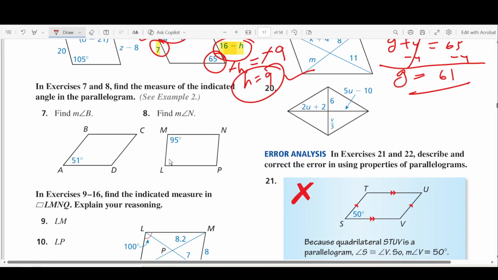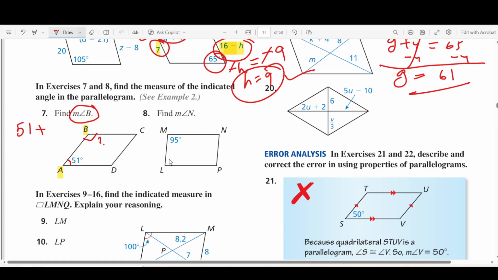Okay, great. Here in this question, angle A is given, which is 51 degrees. Find the measure of angle B. Remember, we learned about consecutive angles. This and this, their sum is 180. They are supplementary, right? That means they add up to 180.